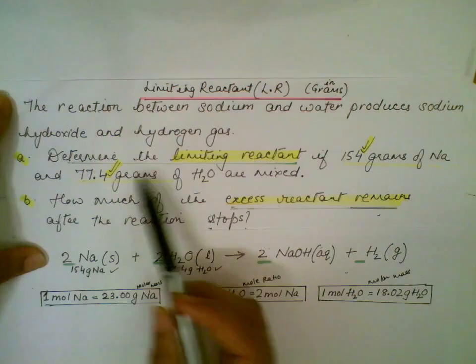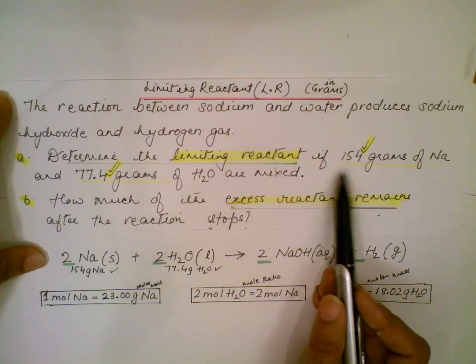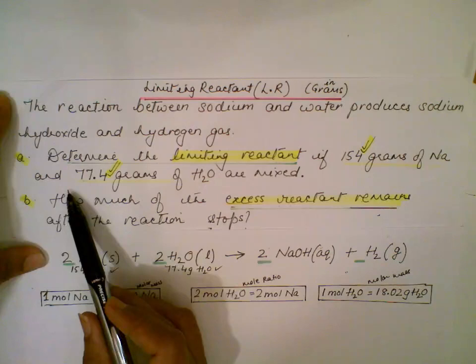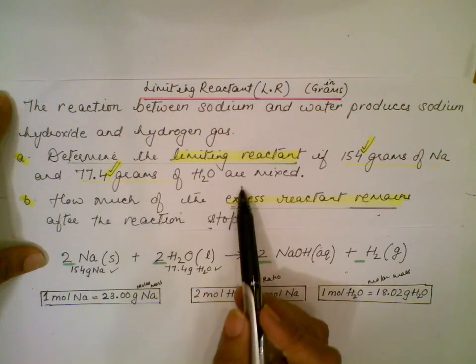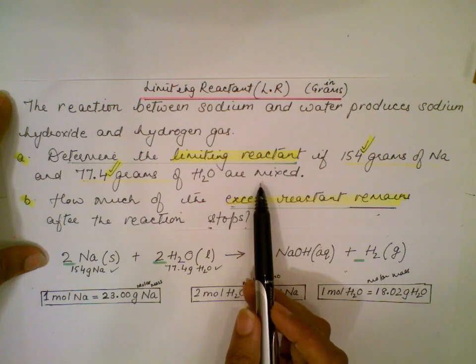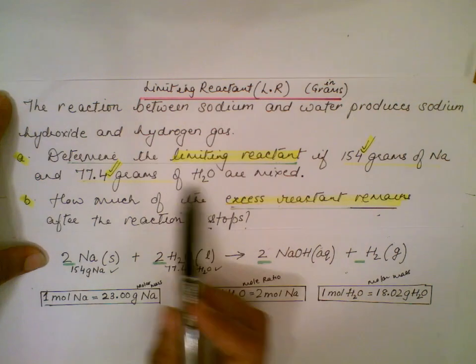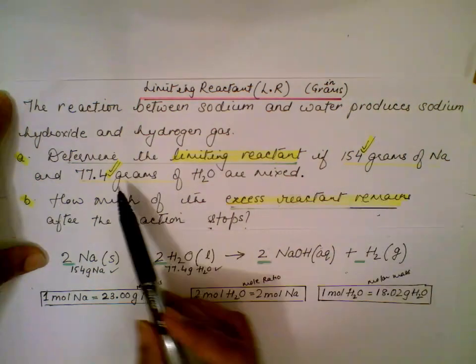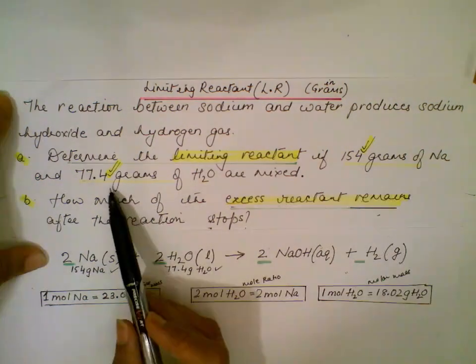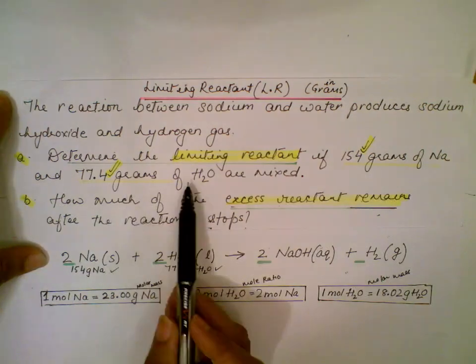Let's read A. Determine the limiting reactant if 154 grams of sodium and 77.4 grams of water are mixed. In this problem, you are given 154 grams of sodium and 77.4 grams of water.